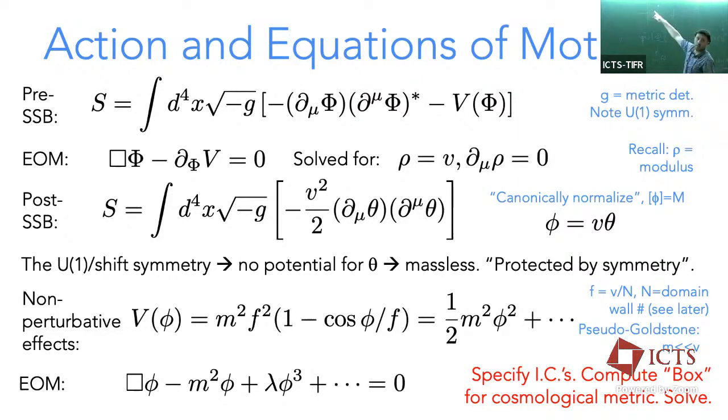So the state of the field is v, and then some angle theta. So then what is the real part of phi? The real part of phi is nothing more than v cosine theta. It's just from the geometry in the complex plane. That make sense?